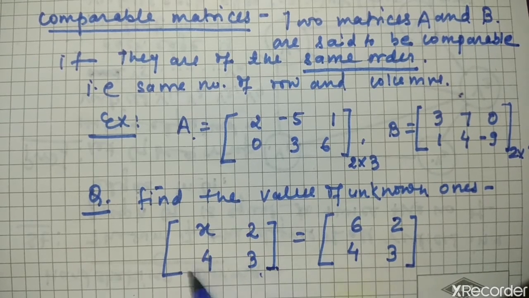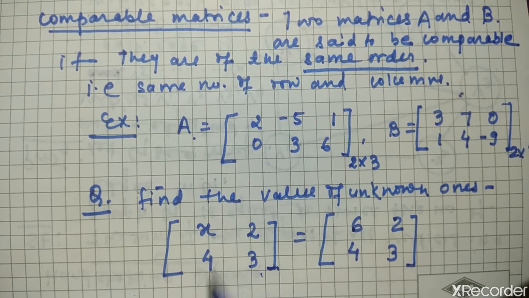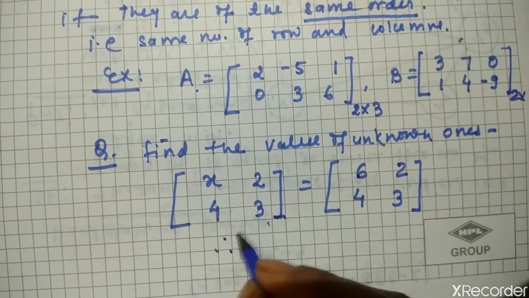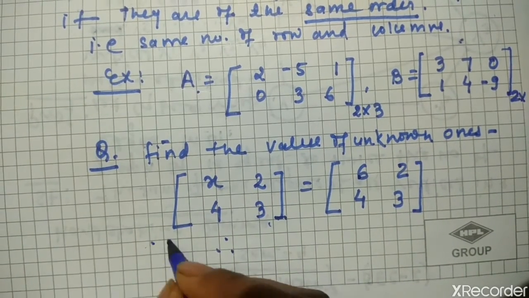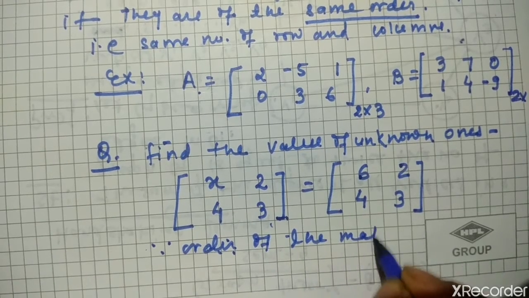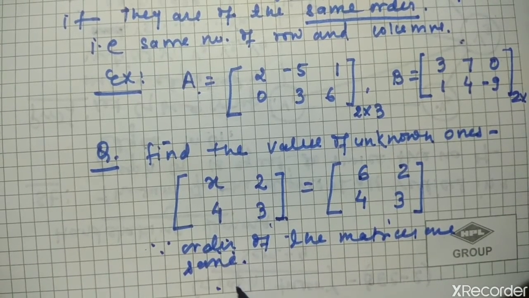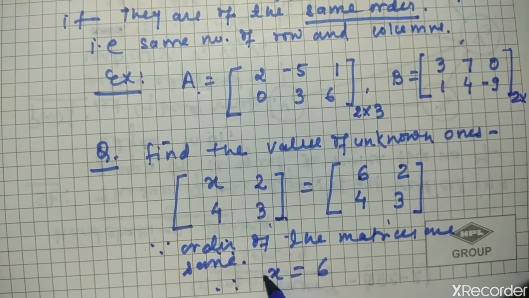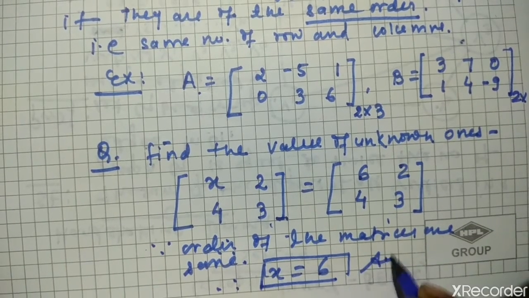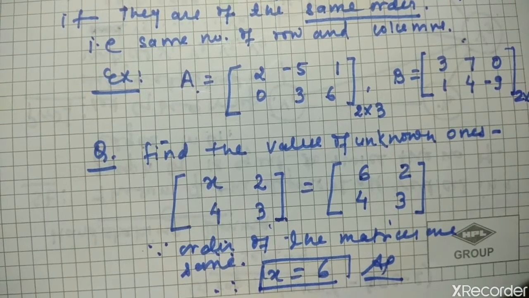So we can compare the elements of the respective cells, that is A11 of both must be the same. So x equals 6. Since the order of the matrices are the same, therefore we can write x equals 6, and this will be your answer. This type of question will be asked in your exams, so be ready for it.